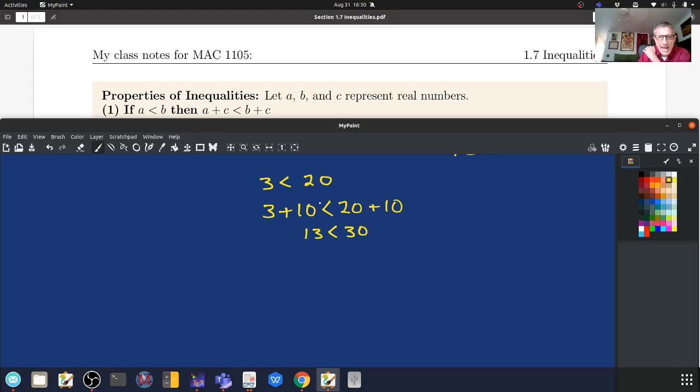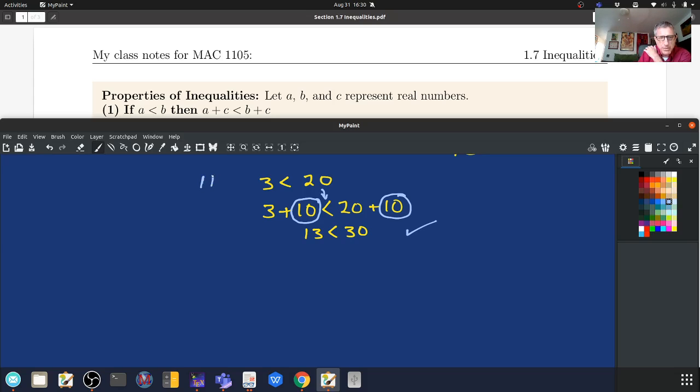So we can add the same number to both sides of an inequality, and it doesn't matter which inequality symbol is being used. As long as we add the same number to both sides, then the inequality still remains true.